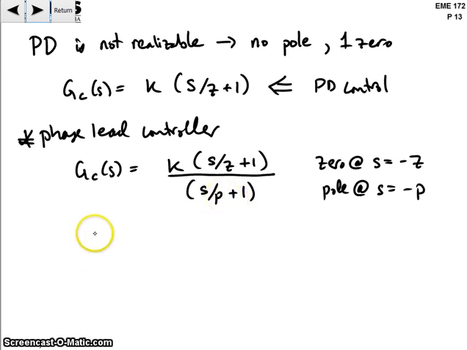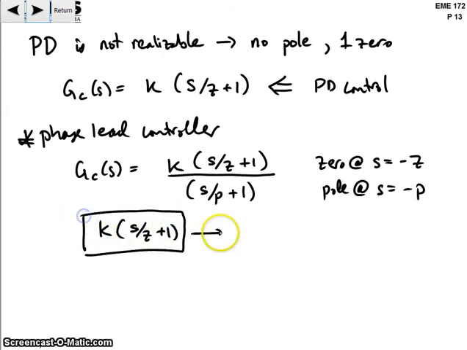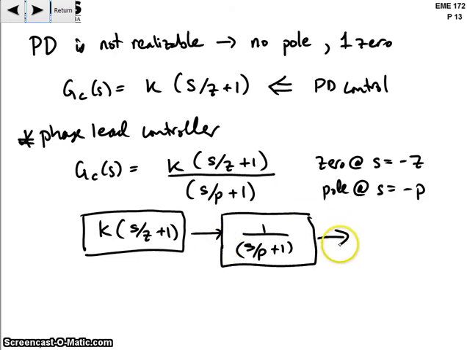So it's like this. It's K times S over Z plus 1. If I draw them in boxes, followed by this guy, 1 over S over P plus 1. So it's like PD control, and this is like a low-pass filter.